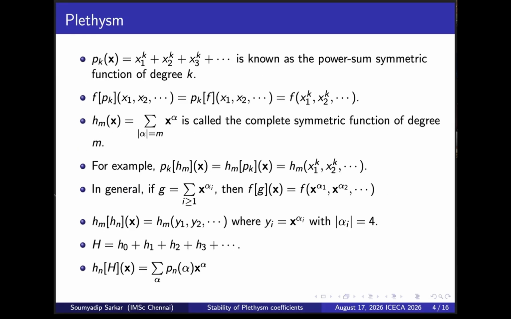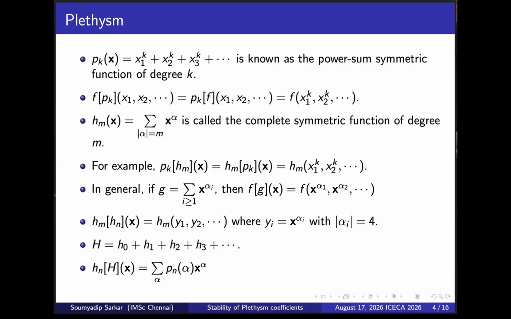Okay. So some basic examples of symmetric functions, which will also be important. By p_k(x), we mean the power sum symmetric functions. So you take each variable, raise it to the power k, and sum them. And if you permute the x_i's, it will not change. So it's a basic symmetric function.